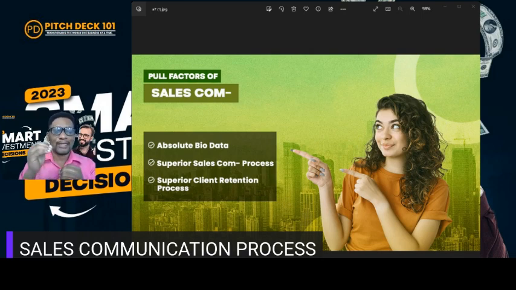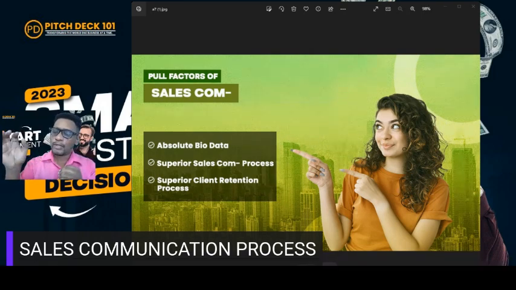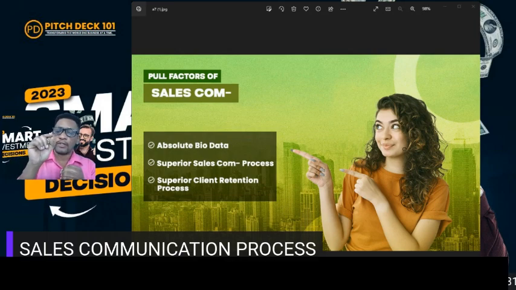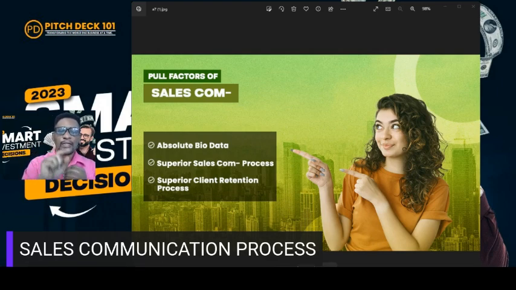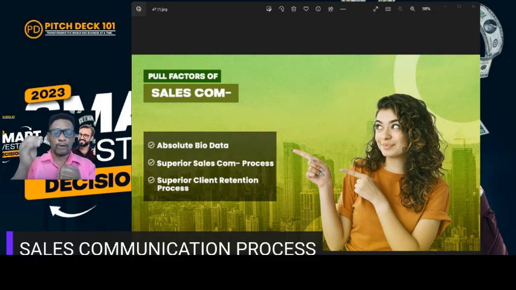Largely because, again, you're using the absolute biodata that takes into consideration demographic details, psychographic details, and geographic details. So this position of strength that you're in to influence the sale is much, much more superior because it's based on the biodata of the client or potential clients that you are appealing to.